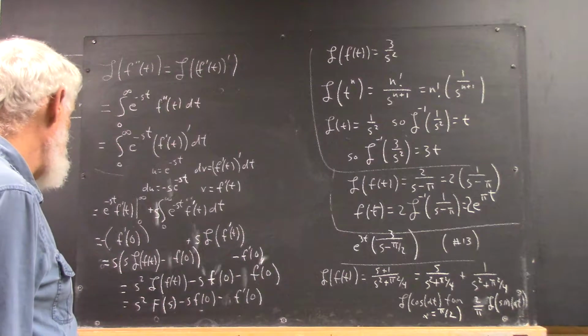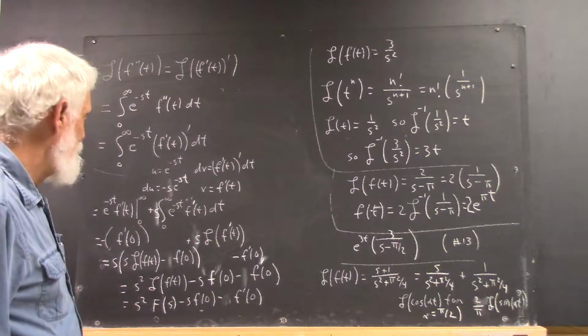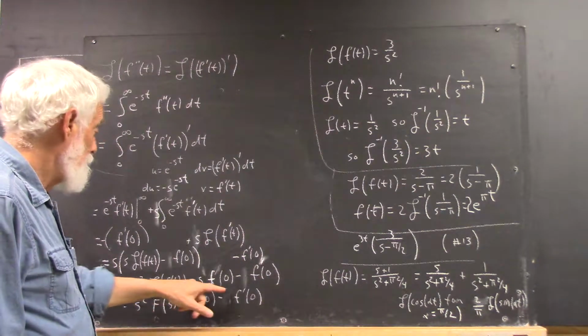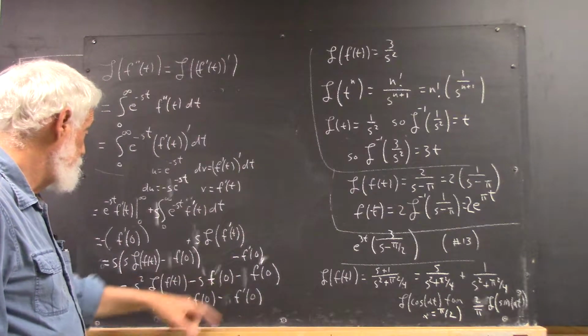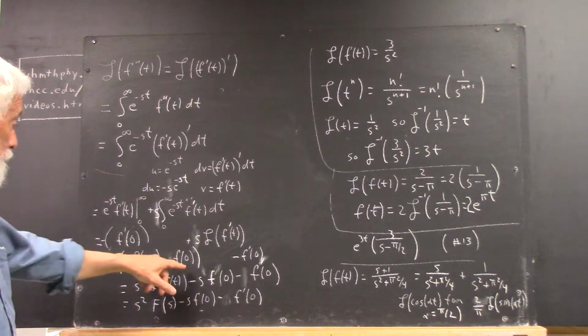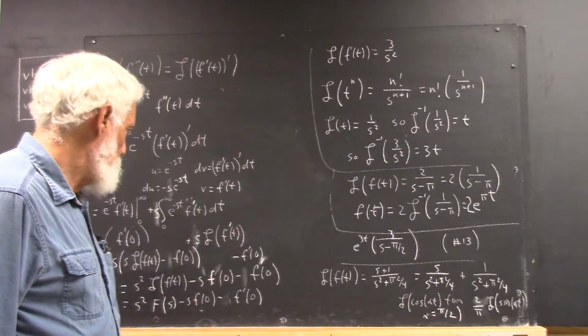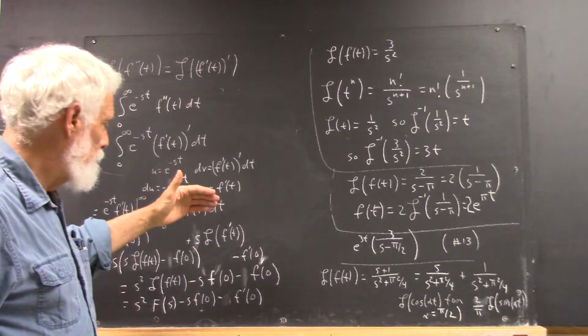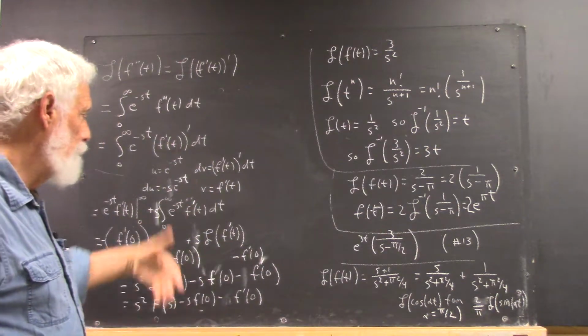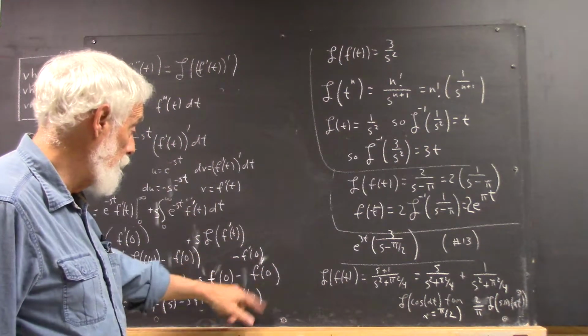Okay, and you're going to then have 1 less s times f of 0. Okay, because of this factorization here. And then every derivative you take, with your f prime of 0, you're going to have 1 less s on it. And of course, you don't have any here.